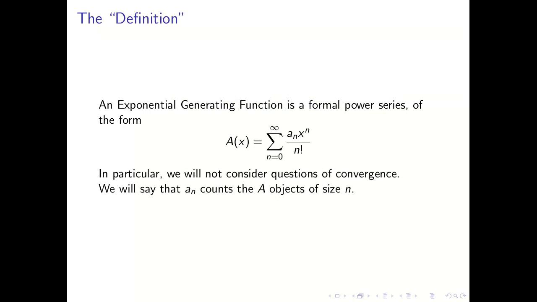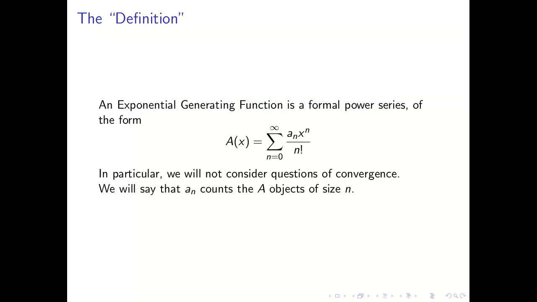So just to make sure that we're all on the same page, an exponential generating function is a formal power series of this particular form here. We sum over a_n x^n over n factorial. And when we say formal power series, what we mean is that we're not really going to care whether or not this series converges.